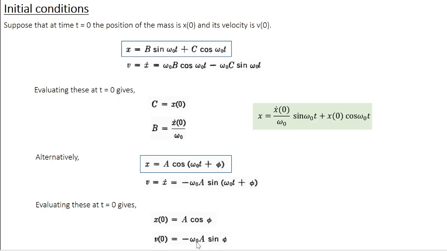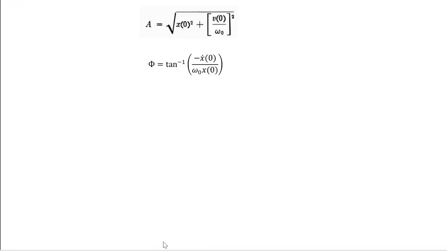Now the second equation, if I take minus omega naught to the left hand side, I have A sin phi equal to v of 0 divided by minus omega naught. Now you take square on either side and add, you get A square equal to x of 0 square plus v of 0 divided by omega naught square, or A equal to square root of x of 0 square plus v of 0 divided by omega naught whole square.